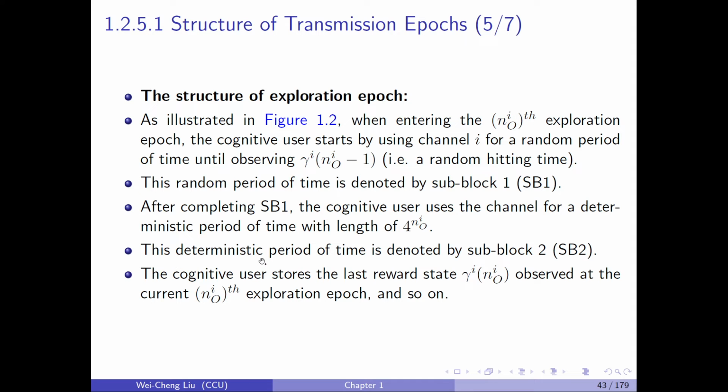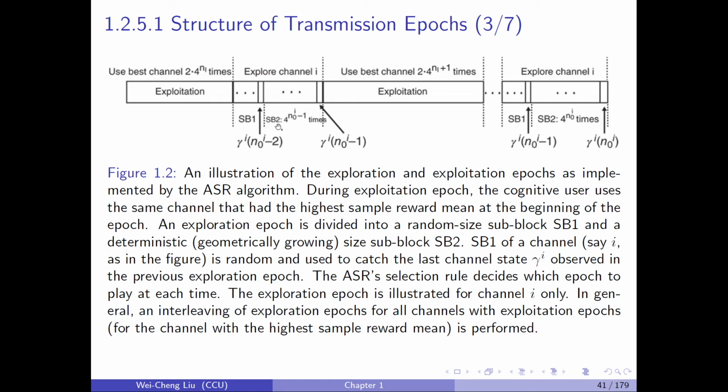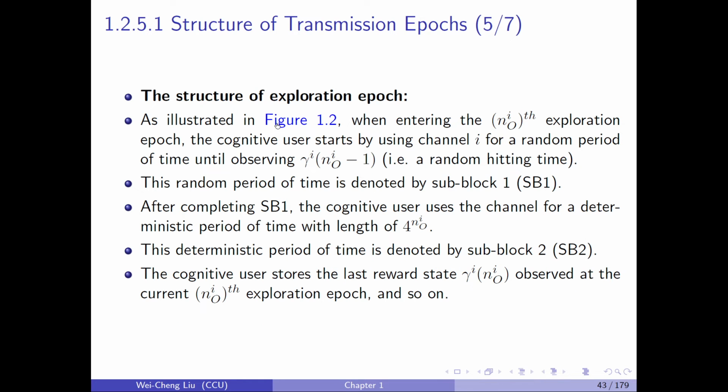This deterministic period of time is denoted by subblock 2, SB2. The cognitive user stores the last reward state, gamma I times N_I, observed at the current N_I-th exploration epoch, and so on.